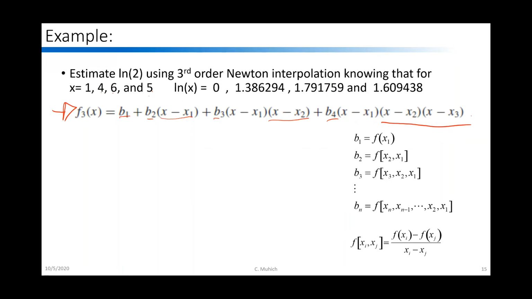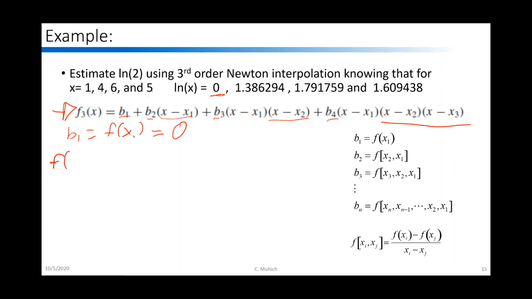So let's do first things first. b1 is easy because that just equals f of x1. So whatever that first point is goes in there. In this case, x1 is 1, and so the natural log of that first term is 0, b1 is 0. That's a nice freebie. Now we need to do our first order divided differences.